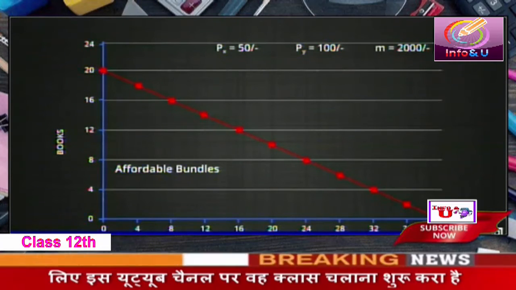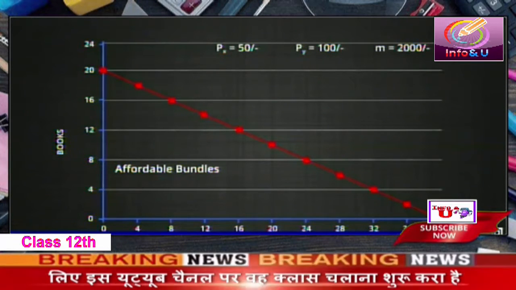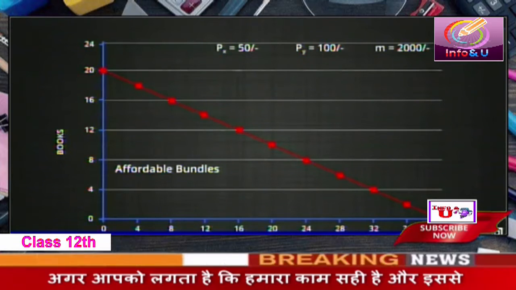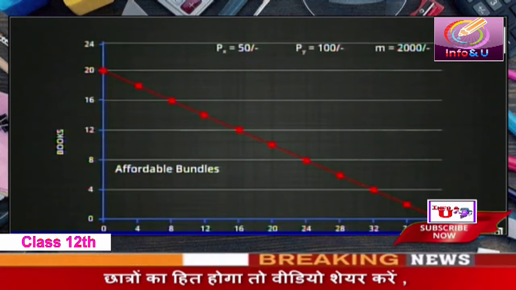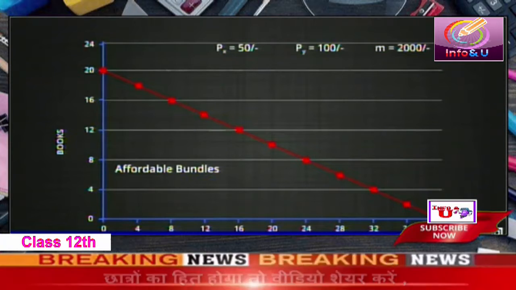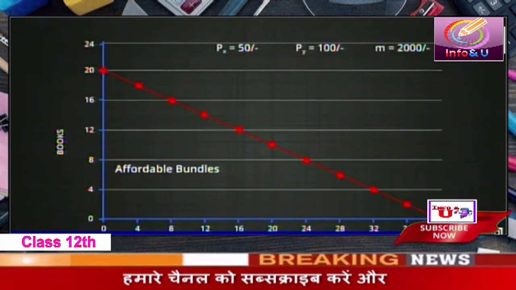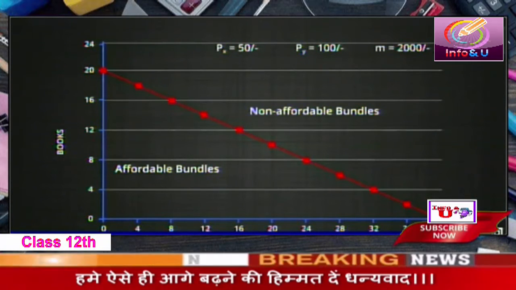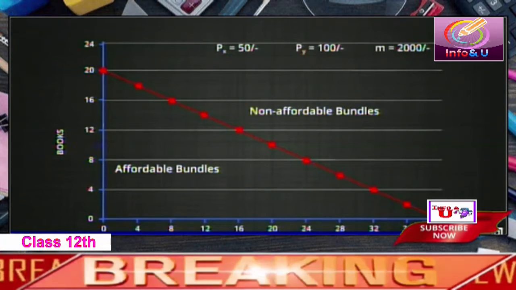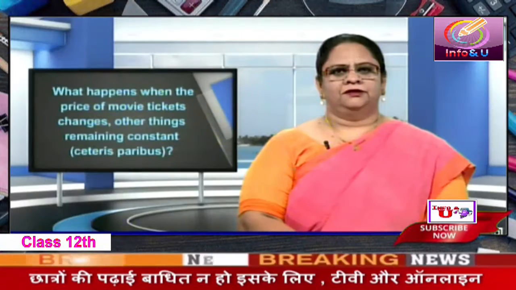Any point on or below the budget line in the triangular region shows a combination of goods X and Y as a bundle which is affordable to the consumer. Any point above the budget line is not affordable to the consumer.